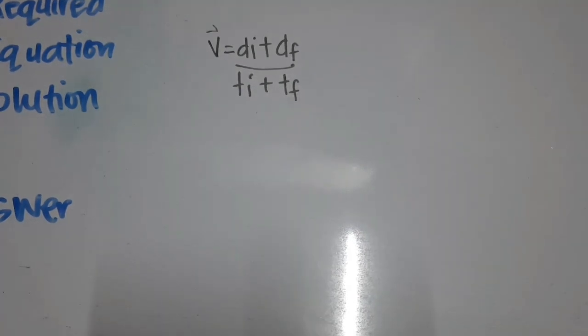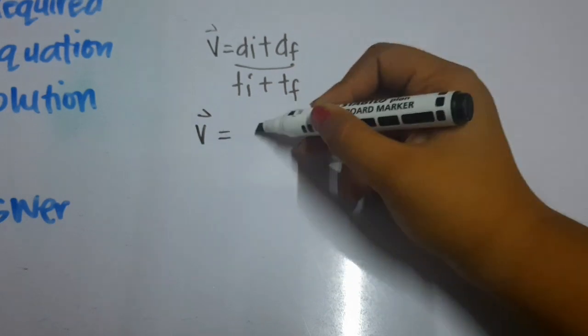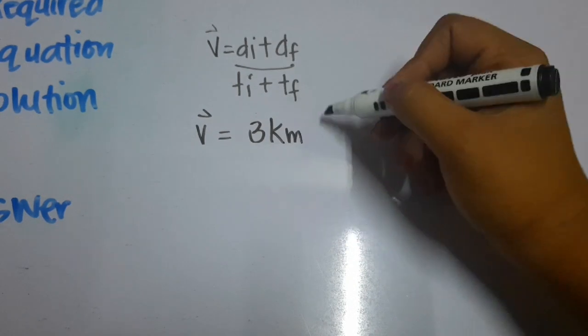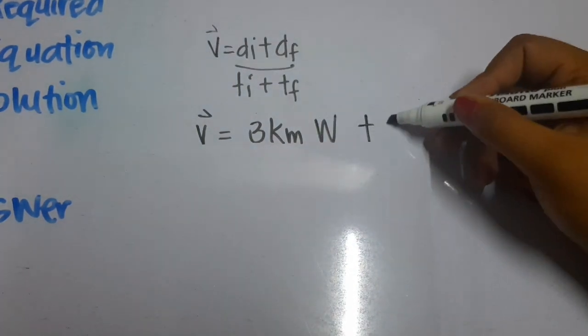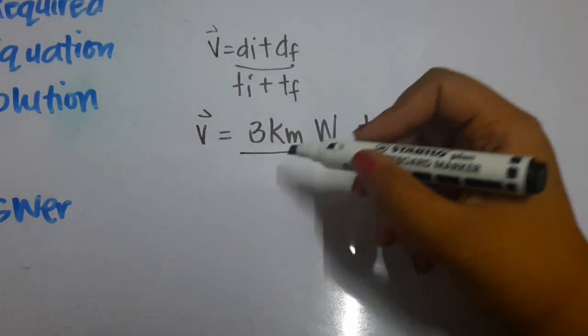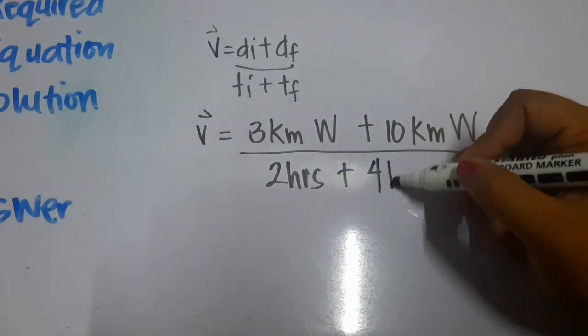So let's have the velocity. This is the expanded formula for finding the velocity. We will just transpose all the values, same process as with the speed. Velocity is equal to initial distance, which is 3 km west, plus 10 km west, divided by the time, 2 hours plus 4 hours.